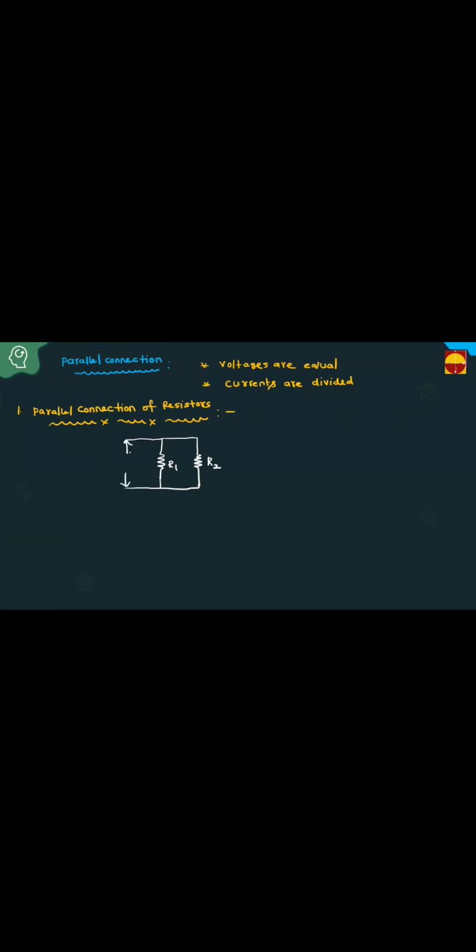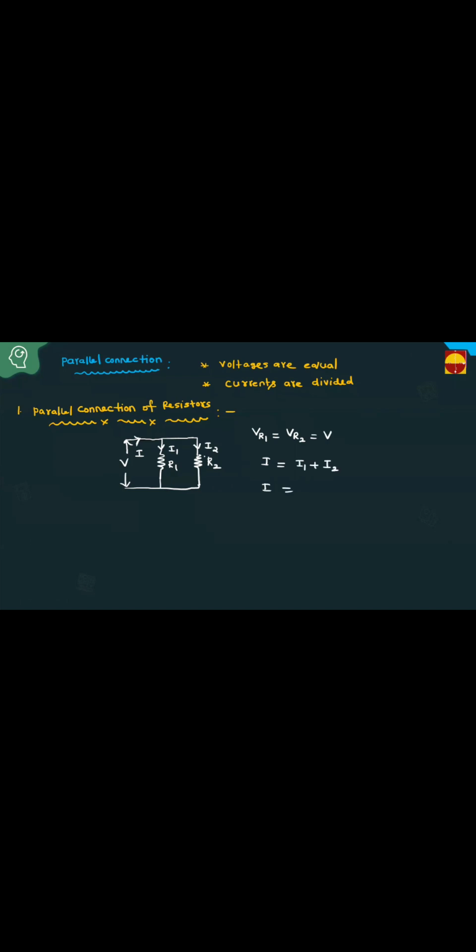Voltages are equal here. This is V. Let this current be I, this current I1, and this current I2. The voltage across R1 equals the voltage across R2 equals the source voltage V. But the total entering current equals the sum of the two currents, I equals I1 plus I2. Currents are divided, voltages are equal.